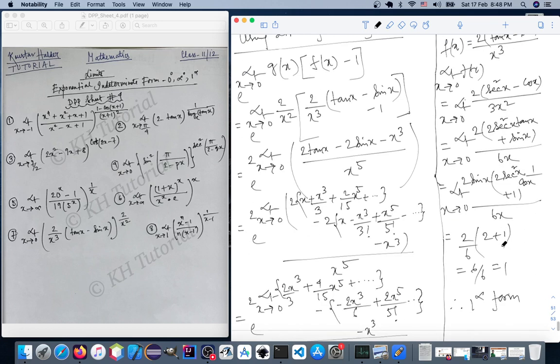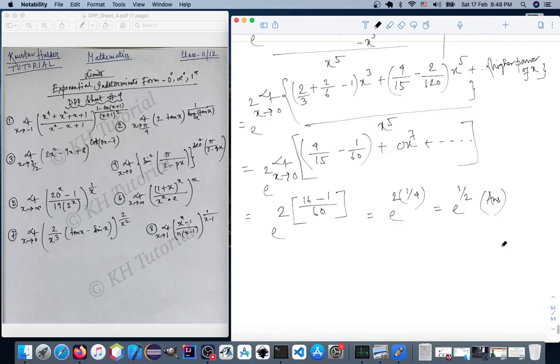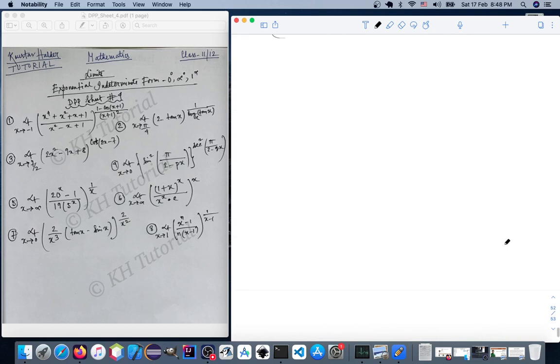Now, problem number 8. It says limit x tending to 1, x to the power n minus 1, n x minus 1 whole to the power 1 by x minus 1.